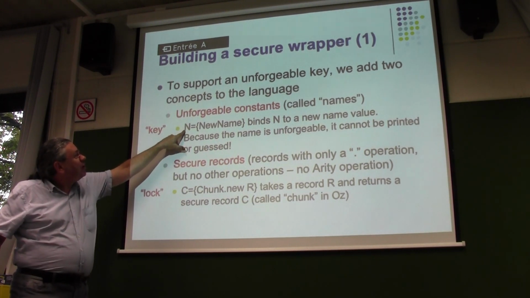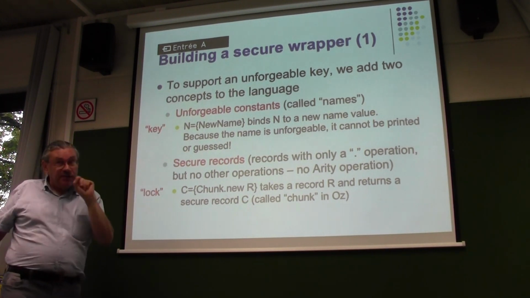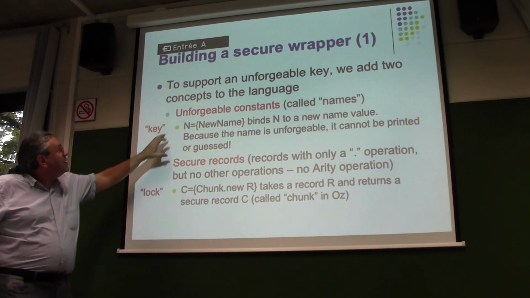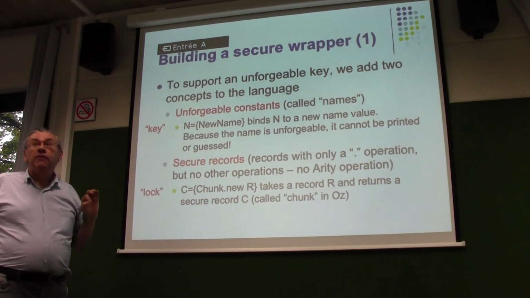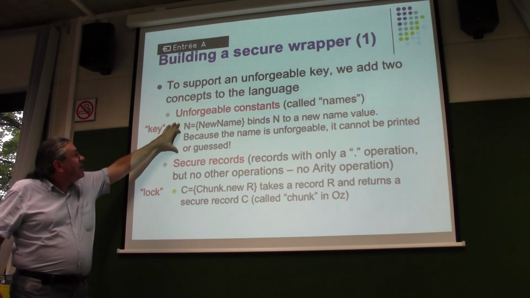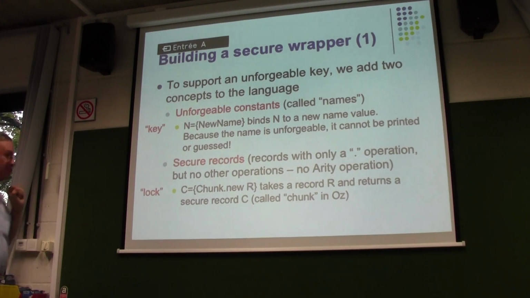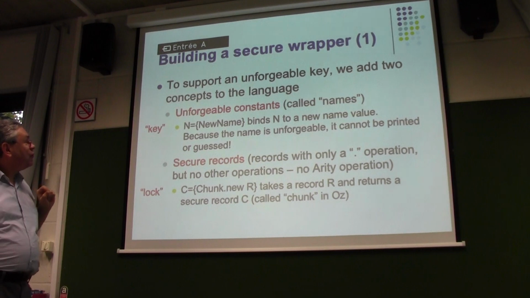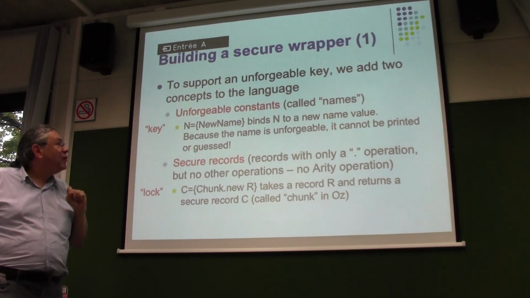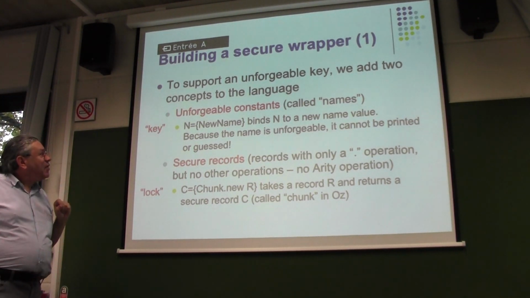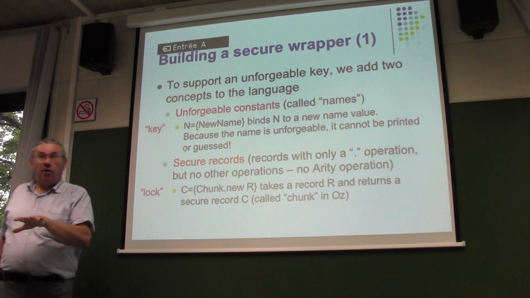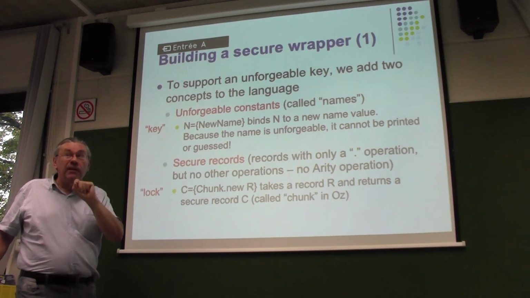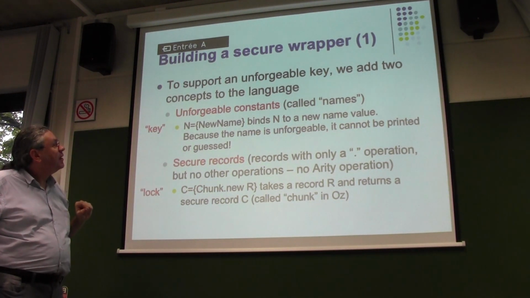The fact that it's unforgeable is defined by the language semantics, and it does not actually need encryption to be implemented if your adversary is only a programmer looking at source code, okay? Now, if your adversary is a person who can actually look at binaries or look at the memory, then you would need encryption, okay? But that's orthogonal. I'm going to talk today only about the language aspect, okay?